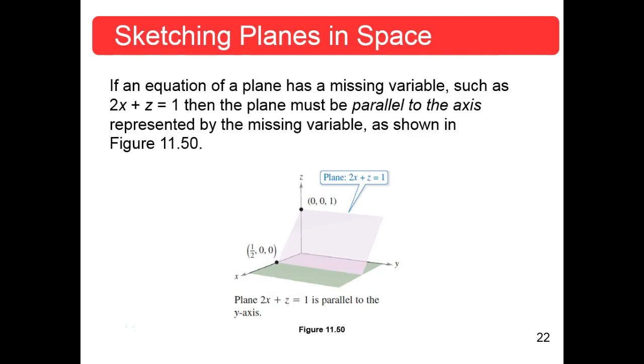If an equation of a plane has a missing variable, such as 2x plus z is equal to 1, what does that tell you about that plane? Well, it has no y dependence.